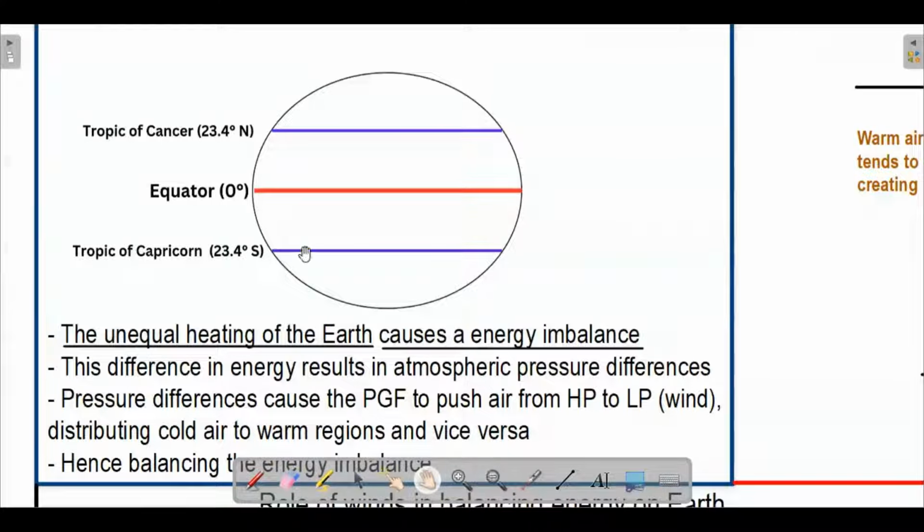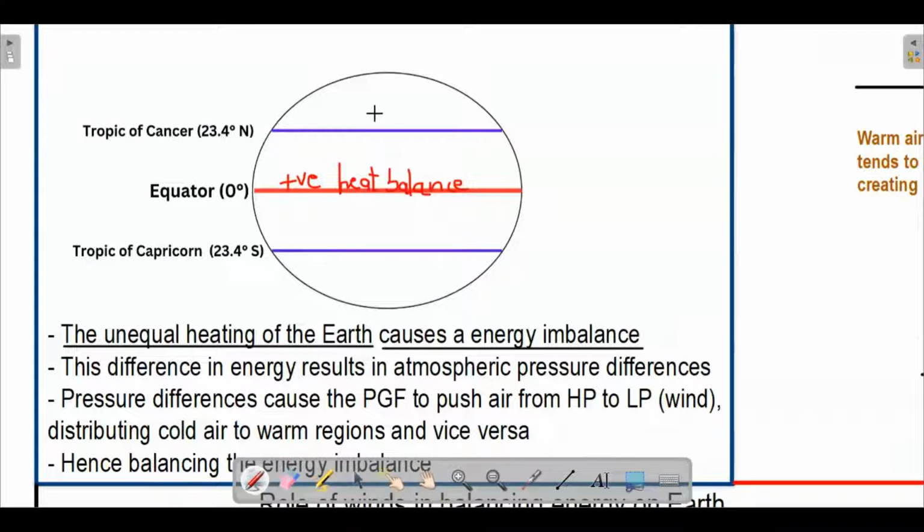We said that the equator receives most of the energy from the sun and that the poles receive less energy. In other words, there is a positive heat balance at the equator, because a lot of insolation is gained more than lost. You have more heat that is gained than lost.